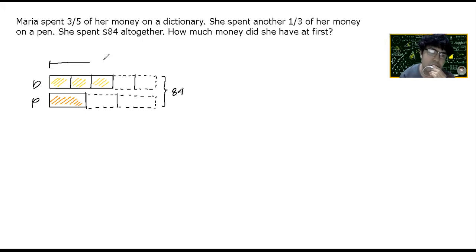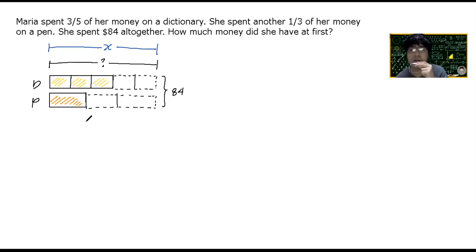Let's say this whole bar is the total amount of money she had at first. We may represent this through an equation. Since there is one whole, we may represent this as x. It's very practical to use the whole as x. Now, how will you make an equation out of this diagram?